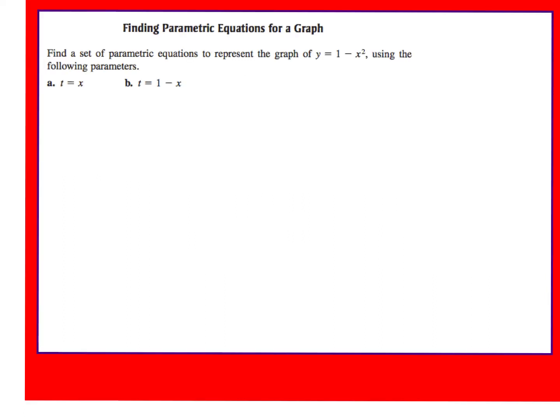So now we're going to find a parametric given a rectangular equation. And this is honestly probably the easiest thing that's going to be on your test next Tuesday. All right? This is probably the easiest thing. So I have the equation y is equal to 1 minus x squared. And that's a rectangular equation because how many variables does it have? 2.